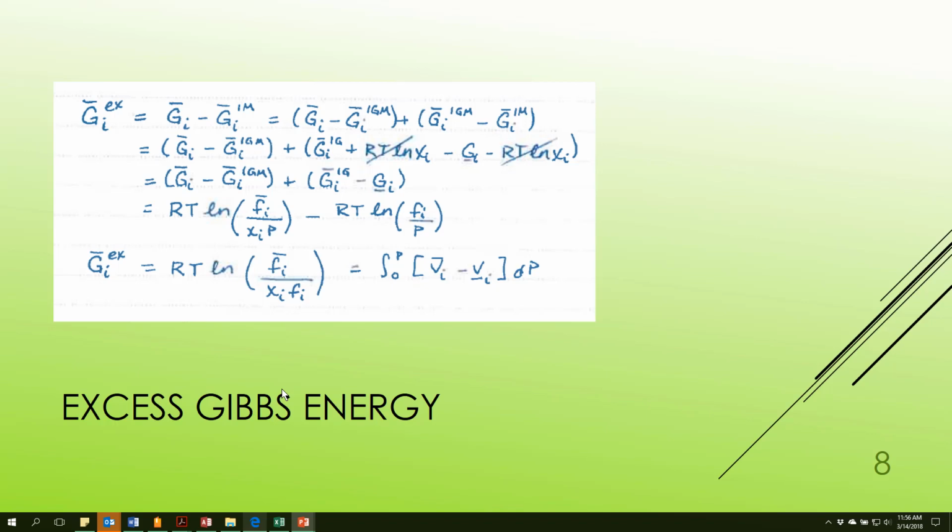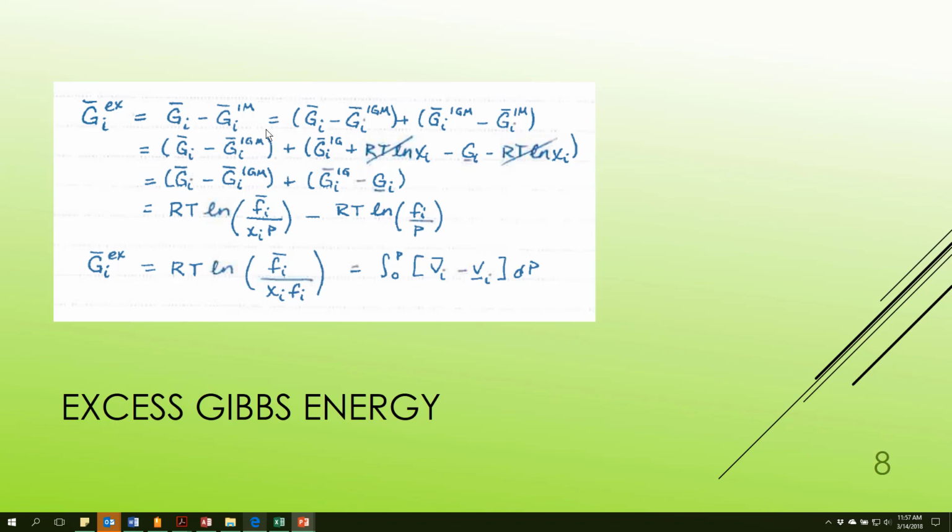So I have the partial molar excess Gibbs energy by definition is this. But I'm wanting to relate it to fugacities, which means I would like to subtract off ideal gas mixture rather than ideal mixture. So I'm going to add and subtract this quantity here, equivalent to just adding 0, right?